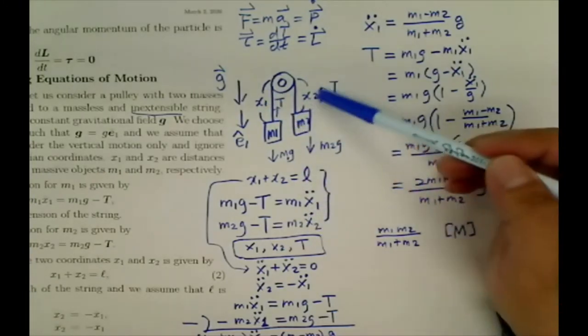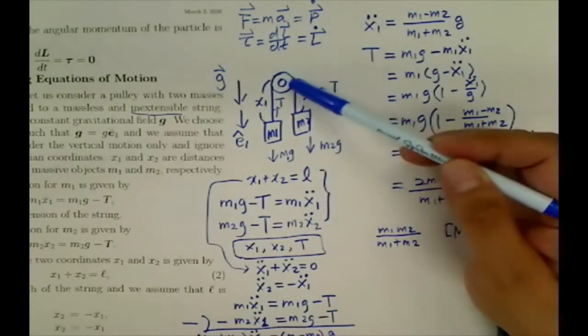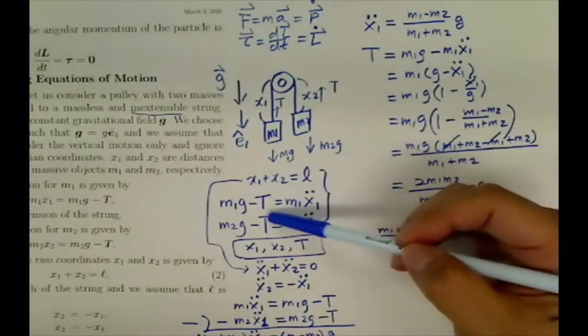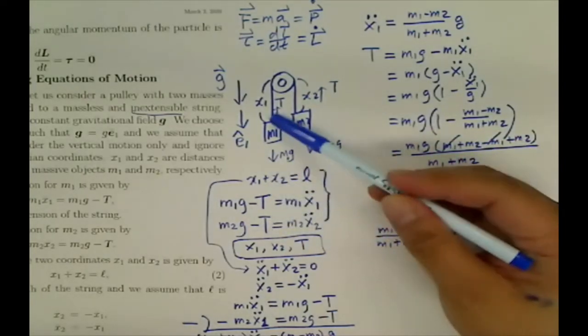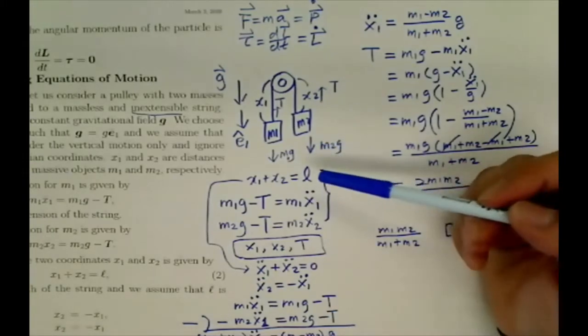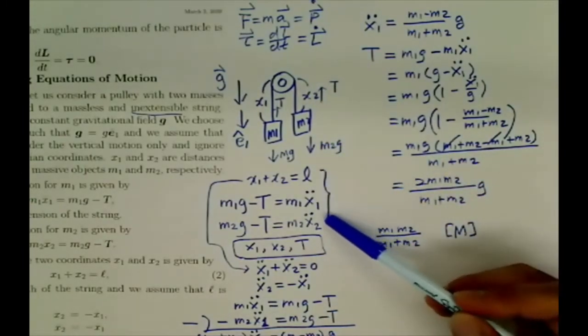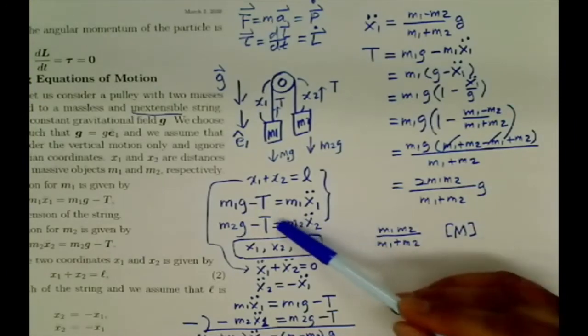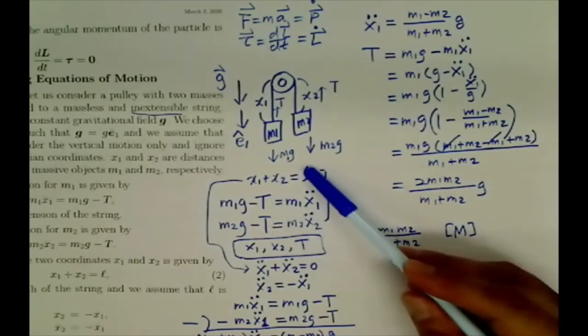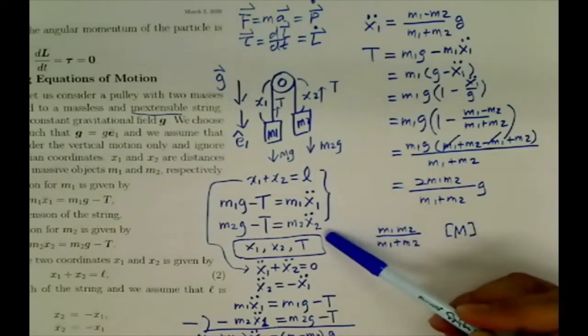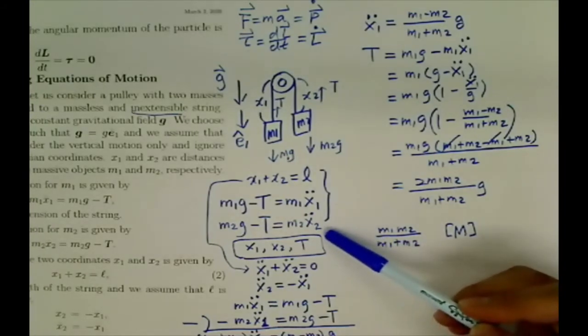Remember, x1 and x2 are defined to be the distance from the pulley, and tension is both upward. We find that there are three unknowns: x1, x2, and tension. But we have three equations. Three constraints can be solved.